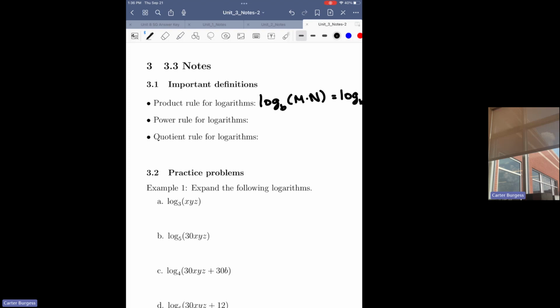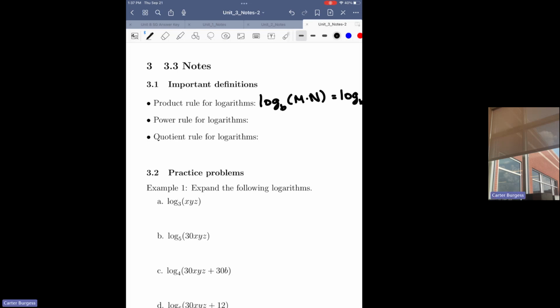So we're going to be very precise with that, and then afterwards we are going to be able to shortcut it just because we're going to make the observation that if I have a product of 3 numbers, then I can split it apart into 3 numbers being added together. If I have a product of 4 numbers, then I can split it apart into 4 numbers, and that's fine. But at least for this very first one, I want to be very precise with how we are using this product rule.